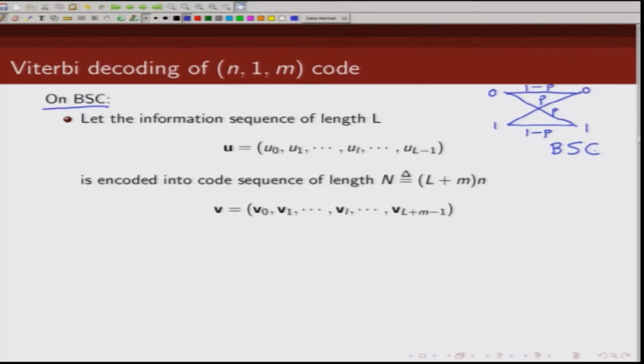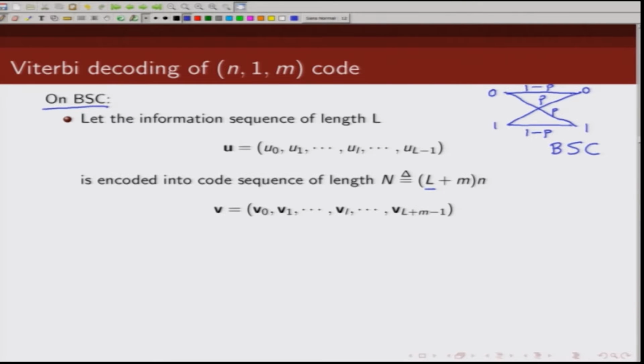Let us consider that we have an information sequence of length L denoted by U, which has been encoded into a coded sequence of length N using a rate 1 by n code. Now L corresponds to the number of information bits.